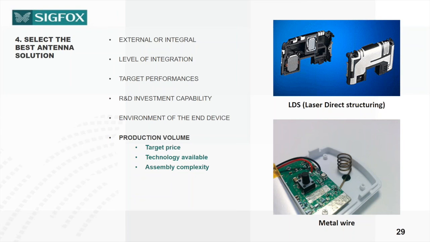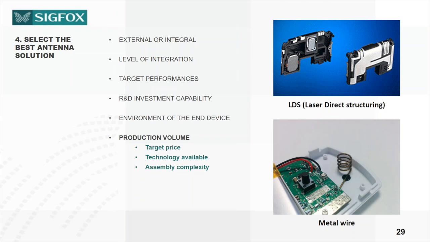On the other hand, you have, for instance, at the bottom of this slide, a metal wire antenna that is much easier to reach for small volumes, but it is also less optimized. So with the first one, you can do the best antenna solution. You can really design everything you want.